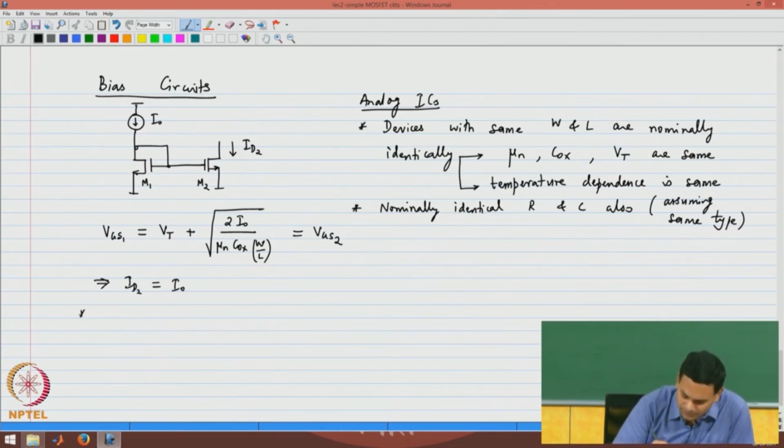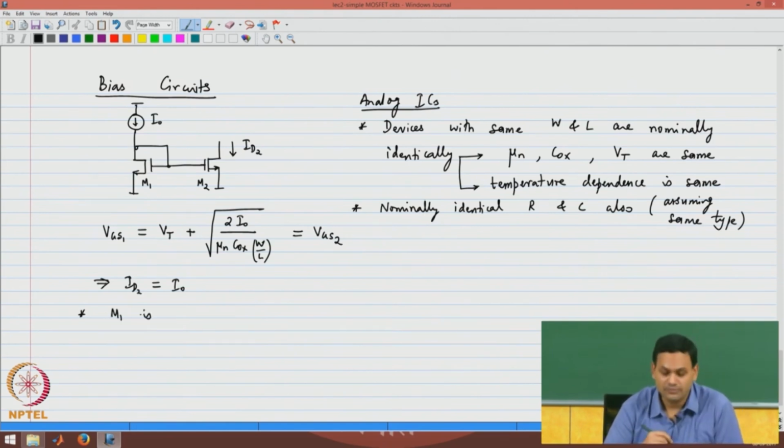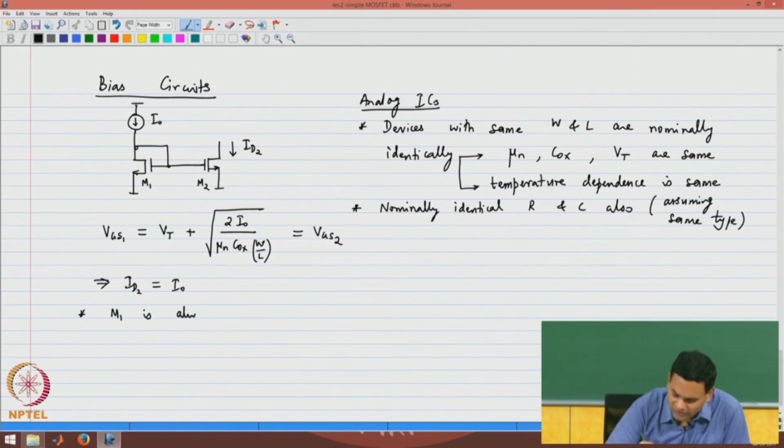The first thing to note, and it is not an assumption, is that M1 is always in saturation.